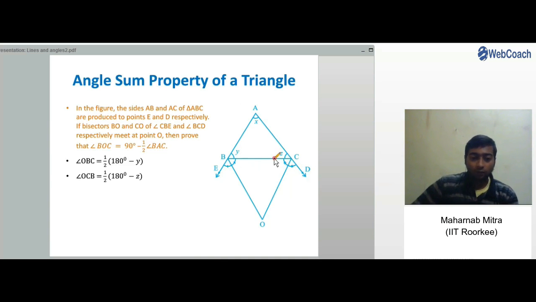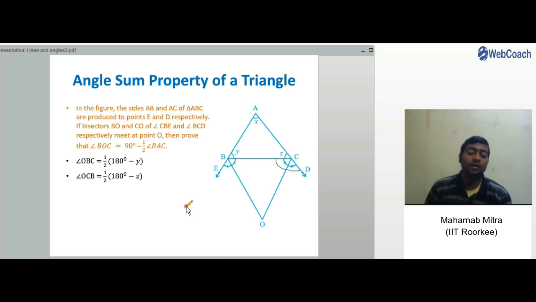And similarly, to find angle OCB, or only this part of the angle, we first find out this entire angle, which is nothing but 180 degree minus Z. 180 degree minus Z gives us the angle BCD, right? Because angle Z and angle BCD lie on the same straight line.